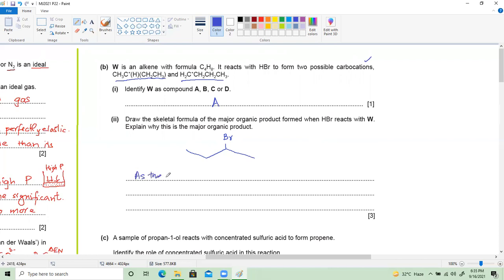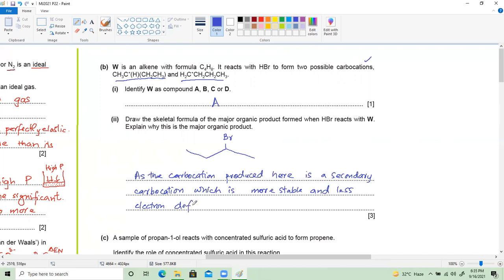As the carbocation produced here is a secondary carbocation, which is more stable and less electron deficient than a primary carbocation.